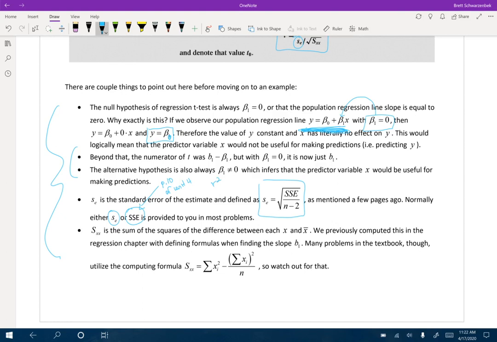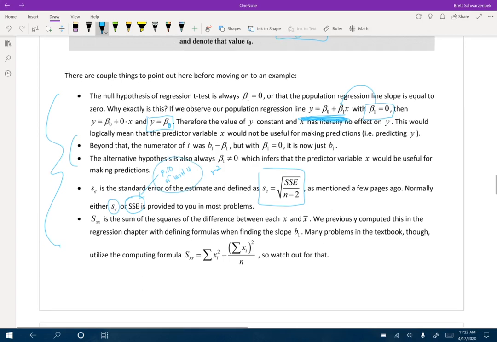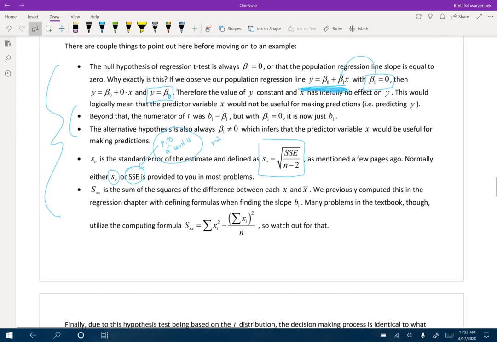But I said we're going to calculate it anyway because you're going to need it later. So if the homework asks you to find SSE, go back to page 10 of Unit 4 and use that calculation, because once you get SSE, then you know SE by a simple calculation. Last, Sxx is the sum of the squares of the difference between x and x bar.